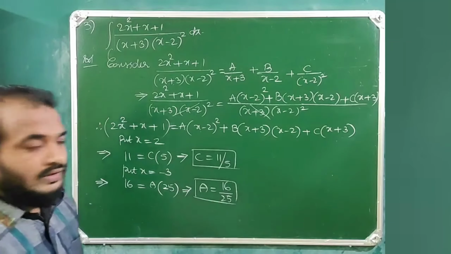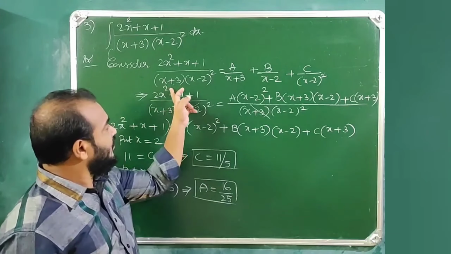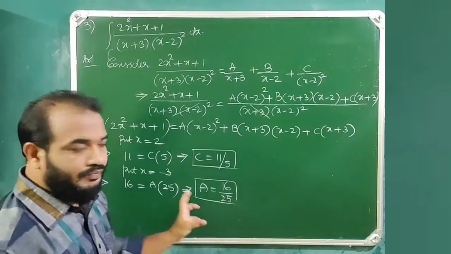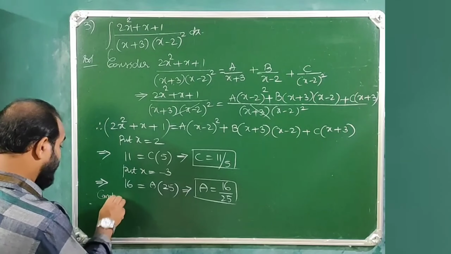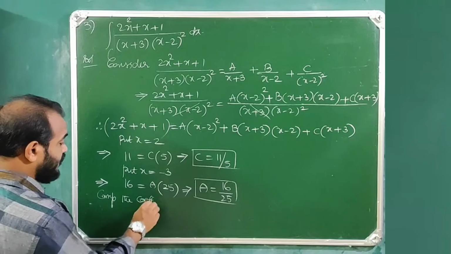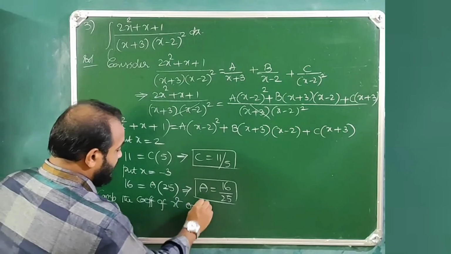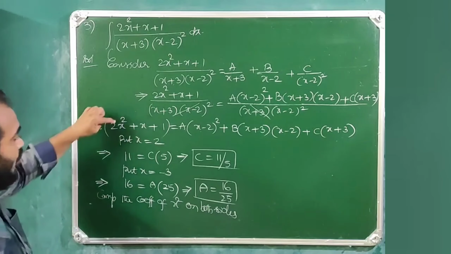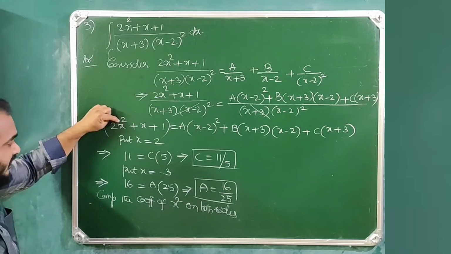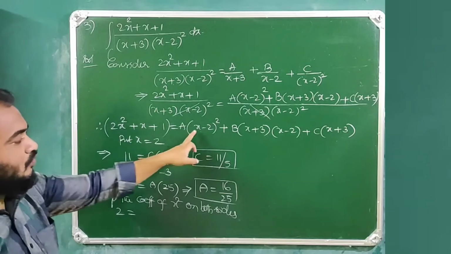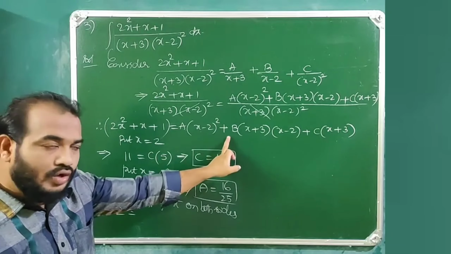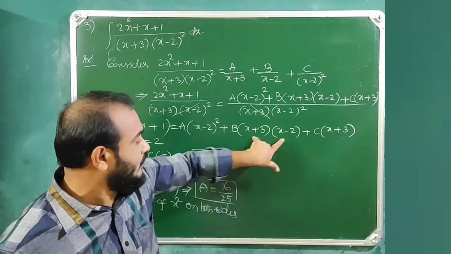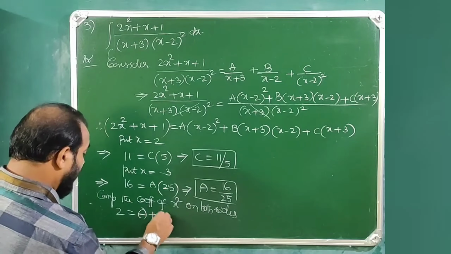We are done with x equals to something here, and let us compare the coefficients. Comparing the coefficients of x square on both sides, the x square coefficient in the LHS is 2. On the right, expanding x minus 2 whole square gives x square minus 4x plus 4, so the x square coefficient is A. Here x into x is x square, so the coefficient is B. So A plus B equals 2.